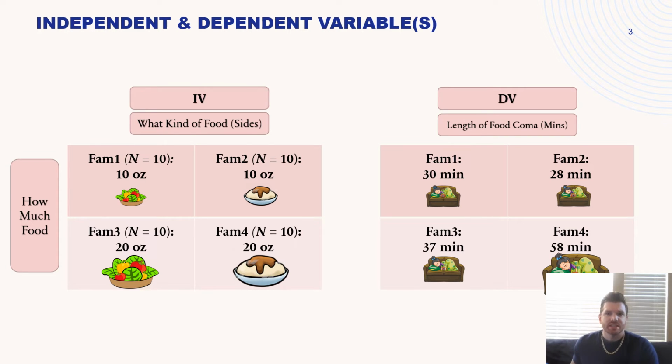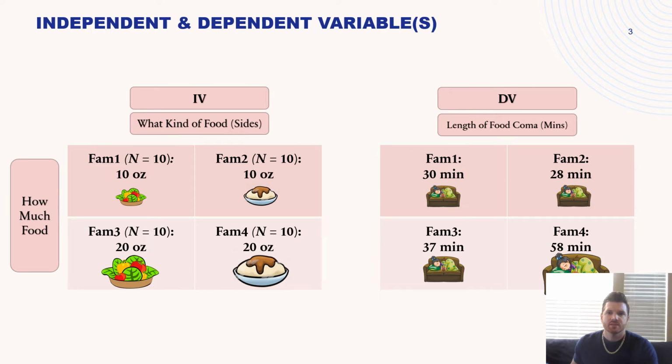So when we look at our dependent variable, our length of food coma, or how much of the game we missed: family group 1, who had 10 ounces of the salad, only slept for about 30 minutes, so they only missed maybe the first quarter. Family group 2, who had the 10 ounces of mashed potatoes, slept for about 28 minutes.